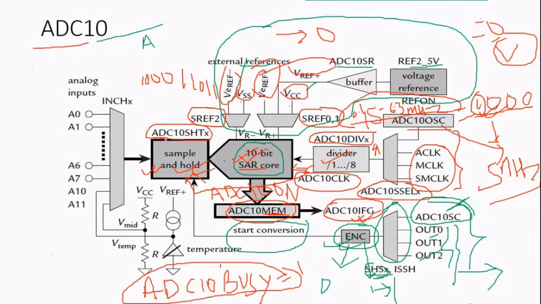It will allow 4, 8, 16, or 64 cycles of the ADC clock. It means, whatever the ADC10CLK value is, you can take a multiple of 4, 8, 16, or 64. We have to select from these 4 options when the sample and hold circuit captures the input.